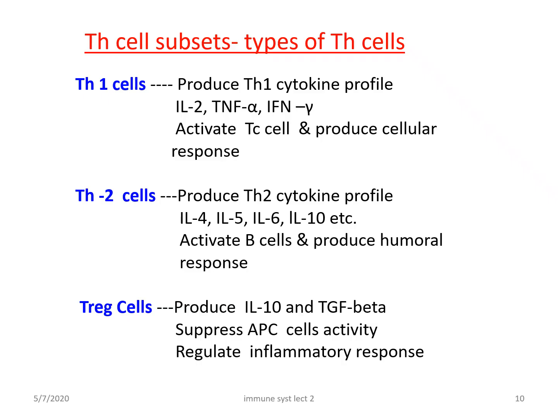So therefore, T cells are first divided into two types: T helper cells and T cytotoxic cells. TH cells are further divided into TH1 cell and TH2 cell. And TH1 cells activate TC cells to lead to cellular immune response, and TH2 cells activate B cells to lead to humoral immune response.